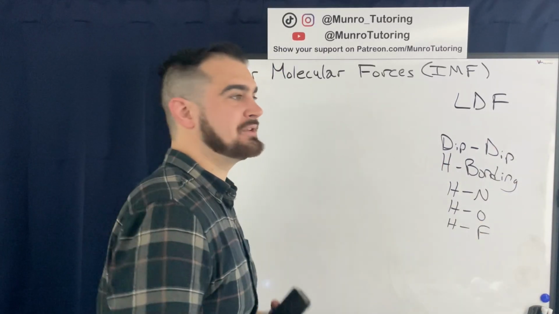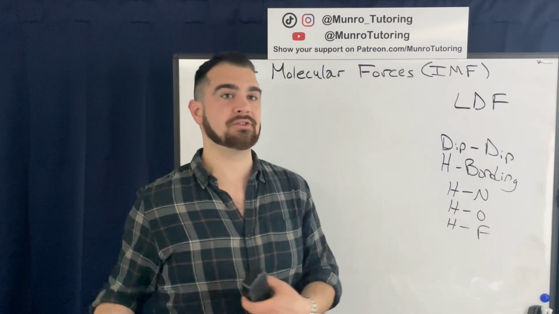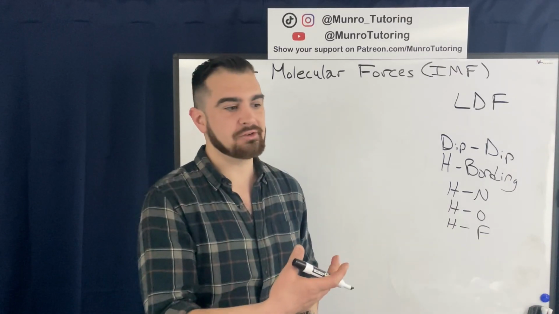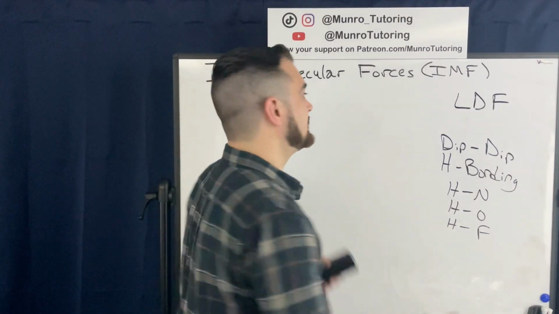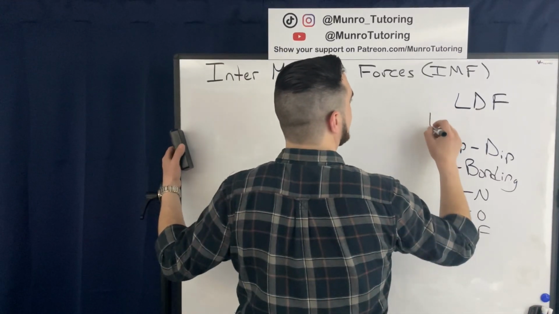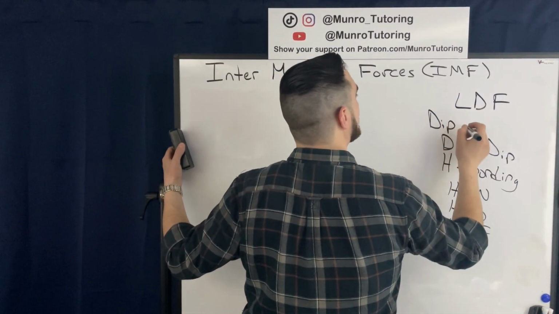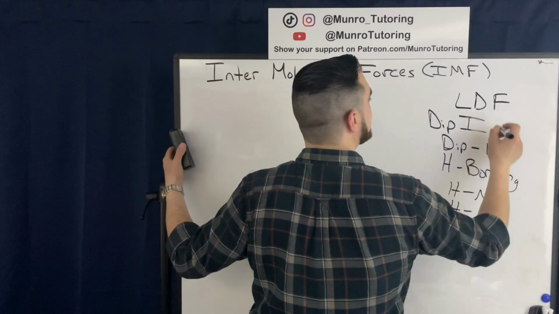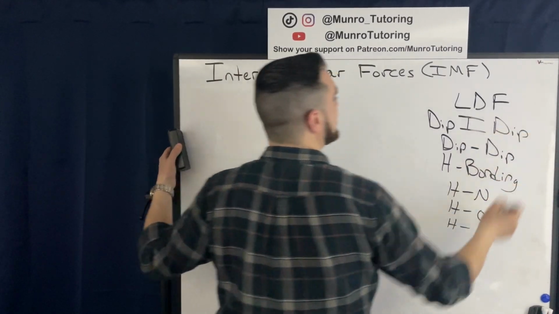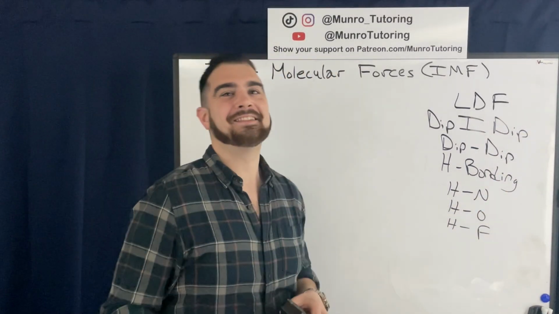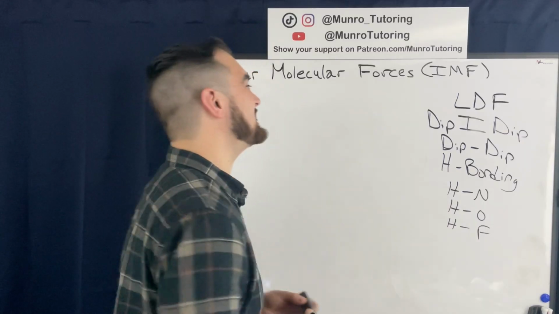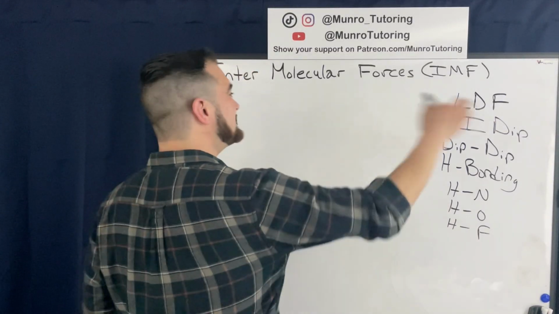So dipole-dipole is the interaction between two polar molecules. But what if you have a polar molecule and a nonpolar molecule? So let's just say we have dipole-induced dipole, right? My abbreviations are getting a little crazy here, but I think you get the idea. Dipole-induced dipole.